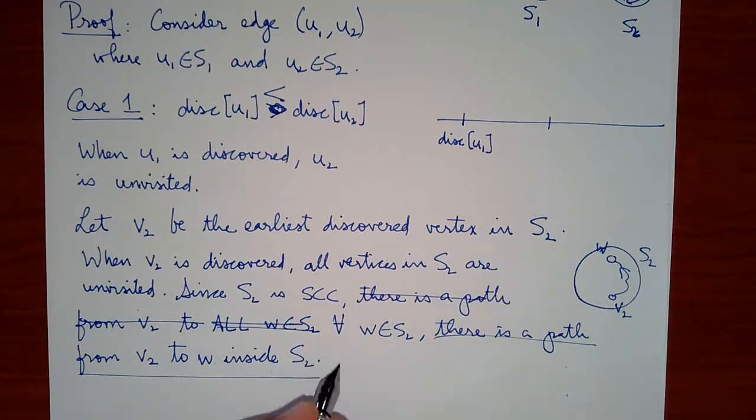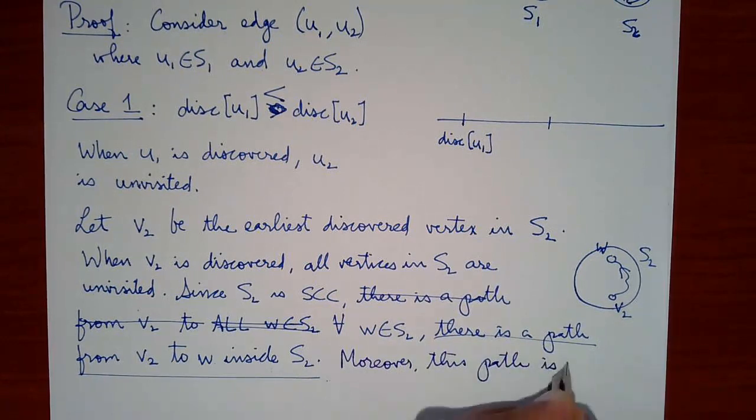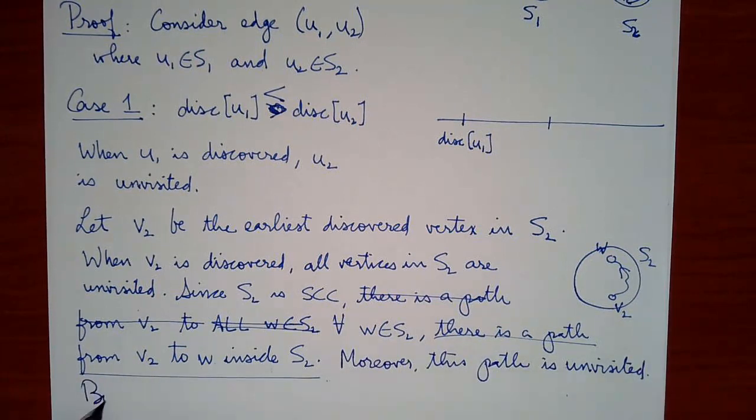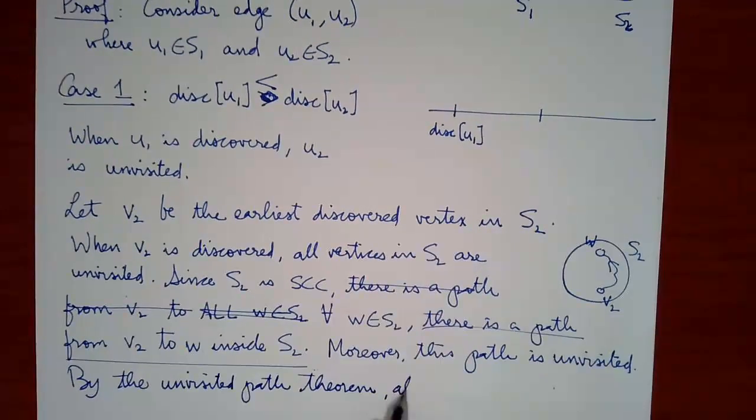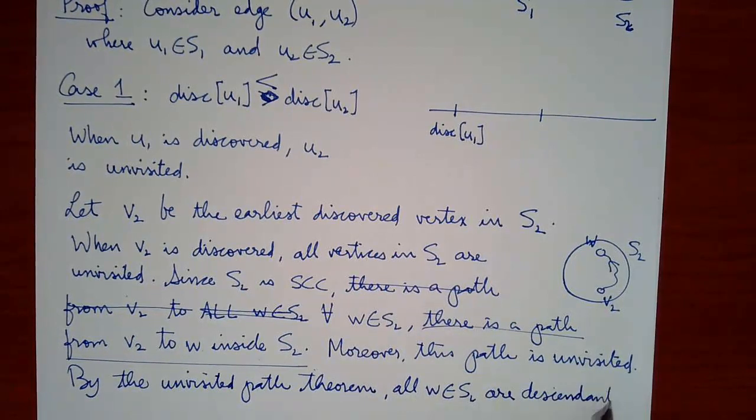Okay. Moreover, this path is unvisited. Now we say by the unvisited path theorem, all W in S2 are descendants of V2.